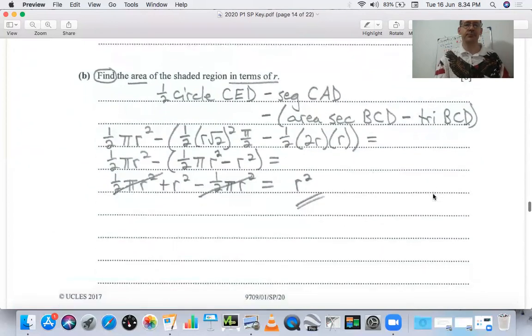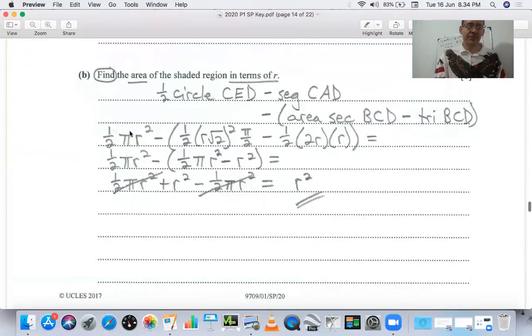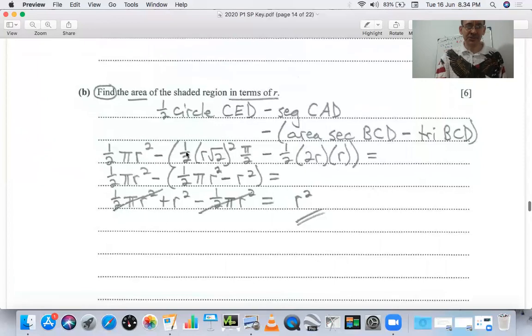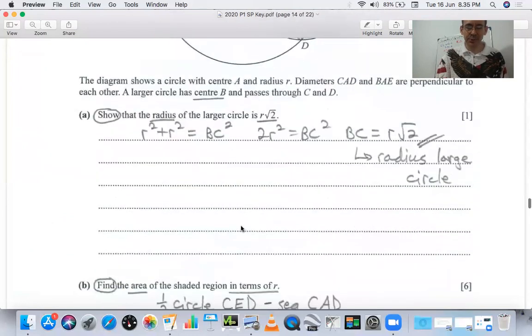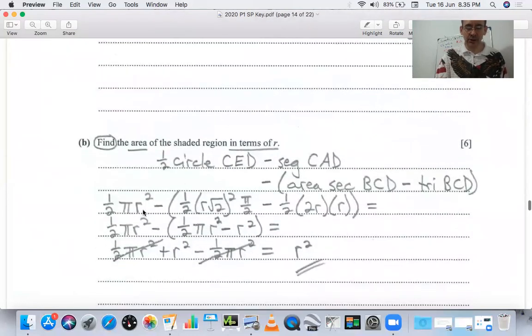So here we have our area of a semicircle, which is just 1/2 pi r squared. Again, check your radius in the diagram, and for our semicircle, the radius is r. So don't forget to check the diagram. Don't just put r in directly without looking, but it does happen to be r.